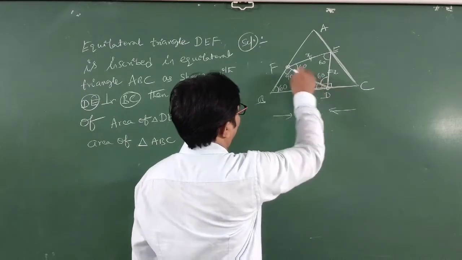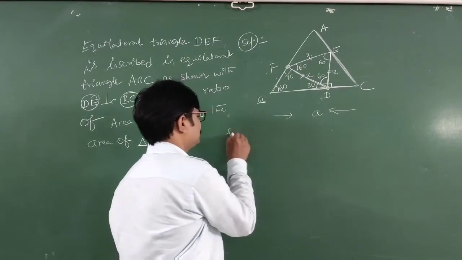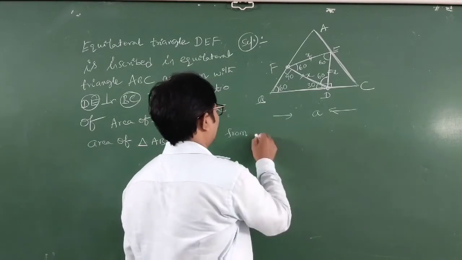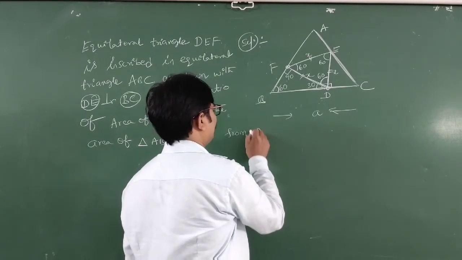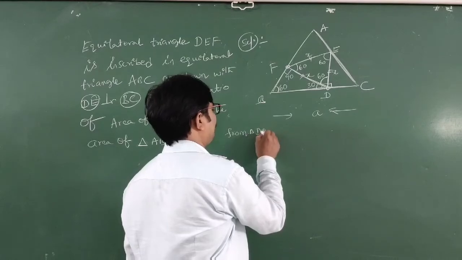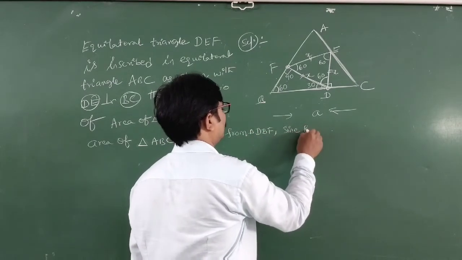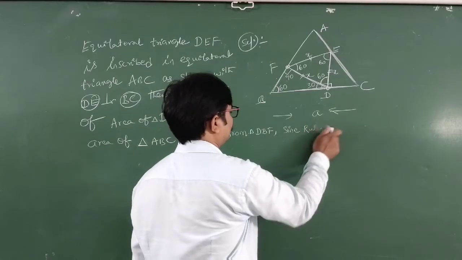From the sine rule, how to write? From the triangle DBF, we can apply the sine rule.